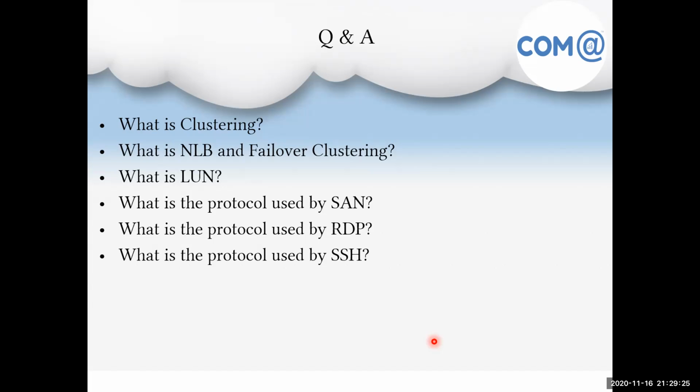And can anyone tell me what is the port number, or where this SSH is used? Sir, secure shell, it is used for accessing the shell and to configure or monitor the servers. Actually, it's used by PuTTY.